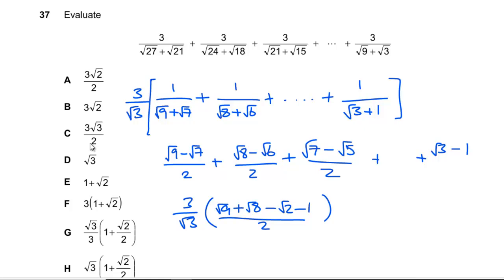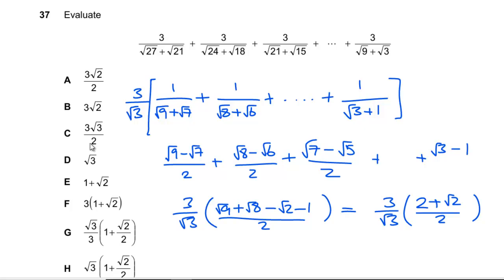Wowzers. Right, so that is 3 minus 1 is 2. And then I've got 2 root 2 minus a root 2, so plus a root 2. Then I need to divide all that by 2. And then I need to multiply by 3 over root 3. Am I getting close to anything yet in the answers? No, I'm not really, am I?